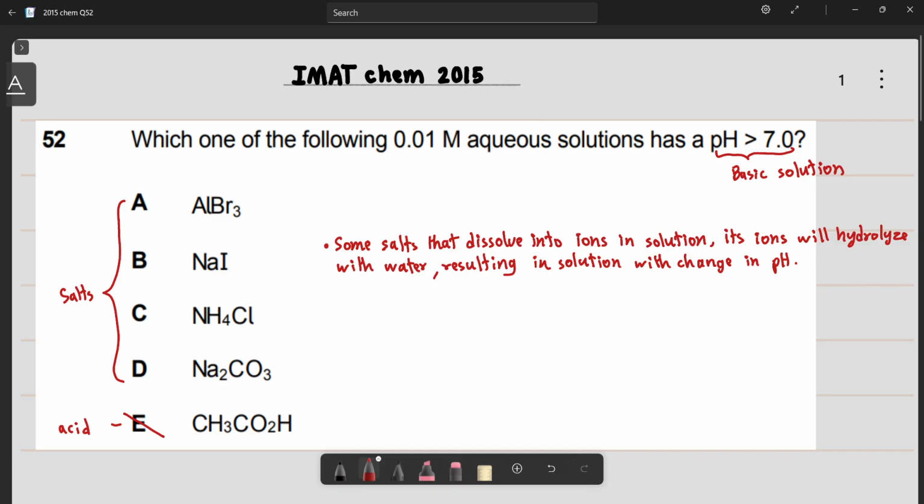So there are some salts that dissolve into ions, and some ions will hydrolyze with water, meaning they react and result in a specific pH in the solution. So there's going to be a change in pH.